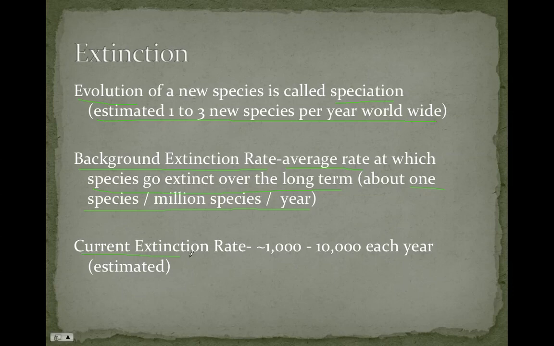The current extinction rate is an estimate, approximately 1,000 to 10,000 species per year going extinct. Now again, endangered, this isn't your tiger, although that's endangered. Oftentimes you're talking about a lot of insects, little tiny fishes that you never think about. These types of things are going extinct, and it's not something you encounter every day, but populations or species are going extinct each year.